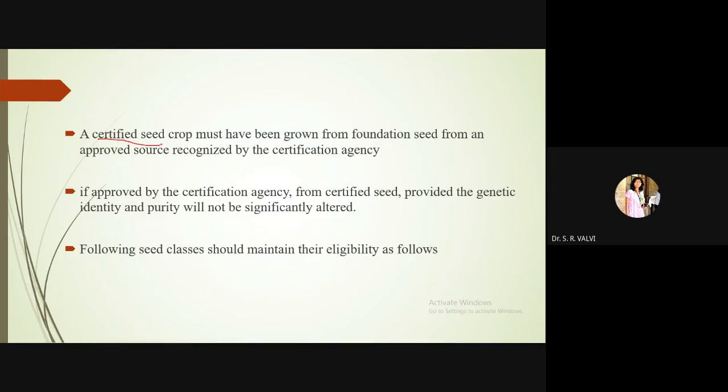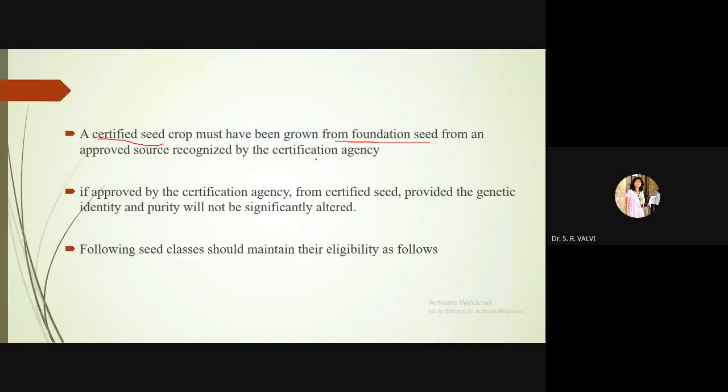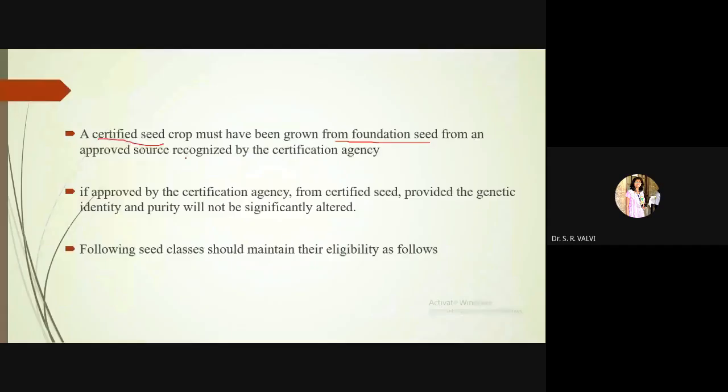Getting? So this is a very important point, and that should be approved from a source recognized by the certifying agency. So certified seed must come from whom? That must come from foundation seed, and that foundation seed should be approved by the certifying agency.